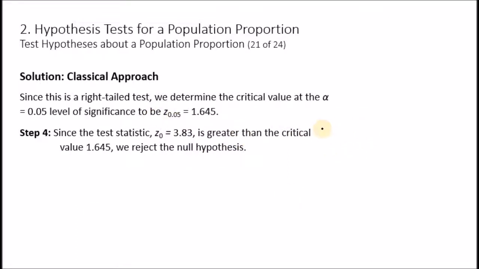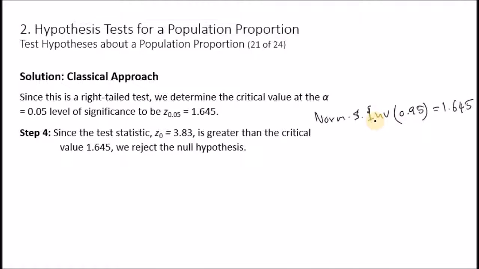Because we have a right tail test, we're going to say norm.s.inv of the left area, which is going to be 0.95, since the right area is 5%. If you do that, you're going to get 1.645.